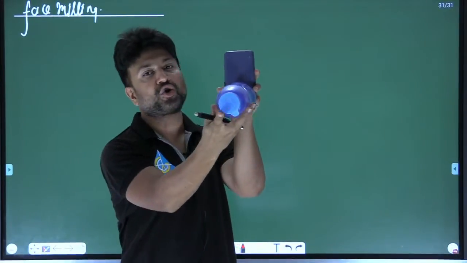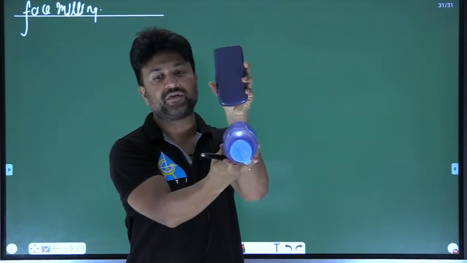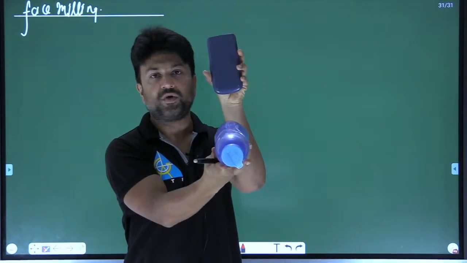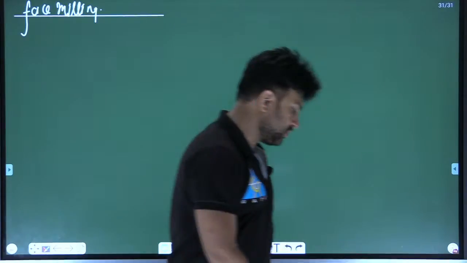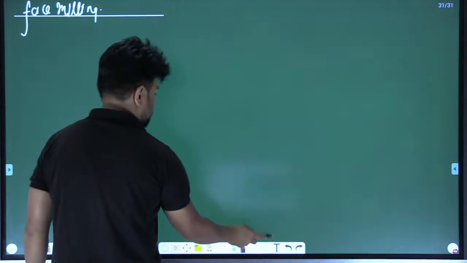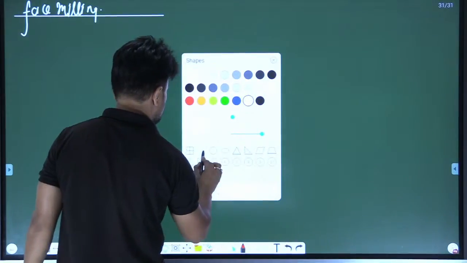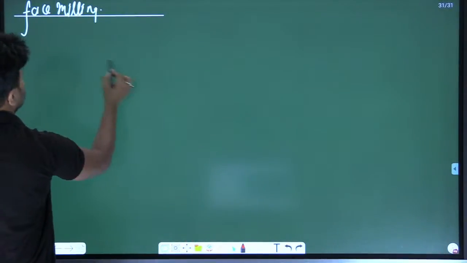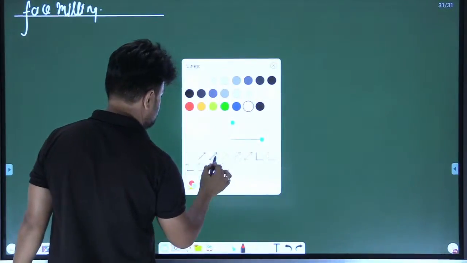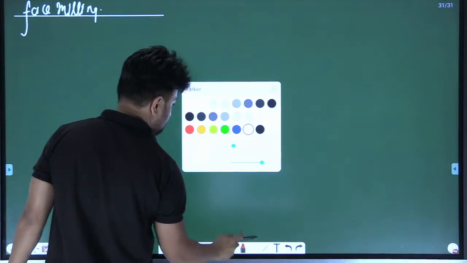So if you draw a top view, it will look like this. Suppose this is my milling cutter. First of all, I will draw a milling cutter.